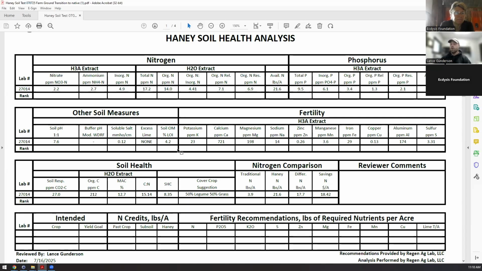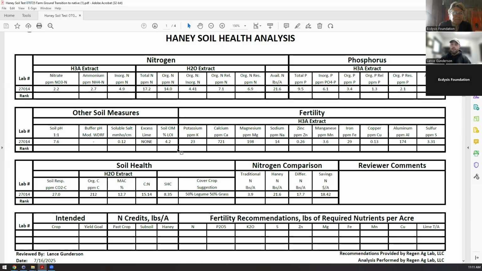When I see a score between 7 and 10, I'm marginal, meaning it's not off the charts high, it's not really low, I'm somewhere in between. And when I see scores below 7, I've got a pretty good idea that my respiration is really low. So, going through this example, 8.35, we look at respiration, 27. That's on the lower side.